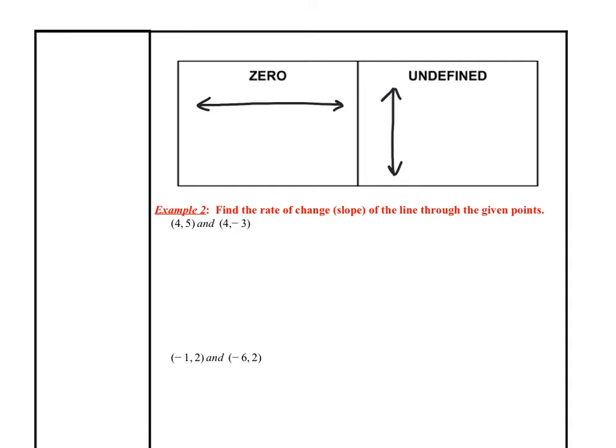Now when we're talking about 2 points, if you end up with something like this, where it's 0 over some number, then it's going to be equal to 0. If, however, it's a number over 0, then it is not possible, and then you say undefined.